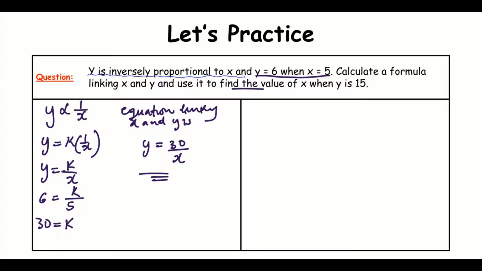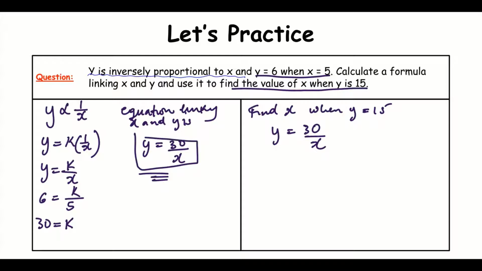Then it says to find the value of x when y is 15. So find x when y is equal to 15. So our equation again, y is equal to 30 over x, because we now use the new equation that we have found here. Hence, 15 is equal to 30 over x. Want to solve for x, so we can apply cross multiplication. So you can say 15 over 1, the same thing as 15.